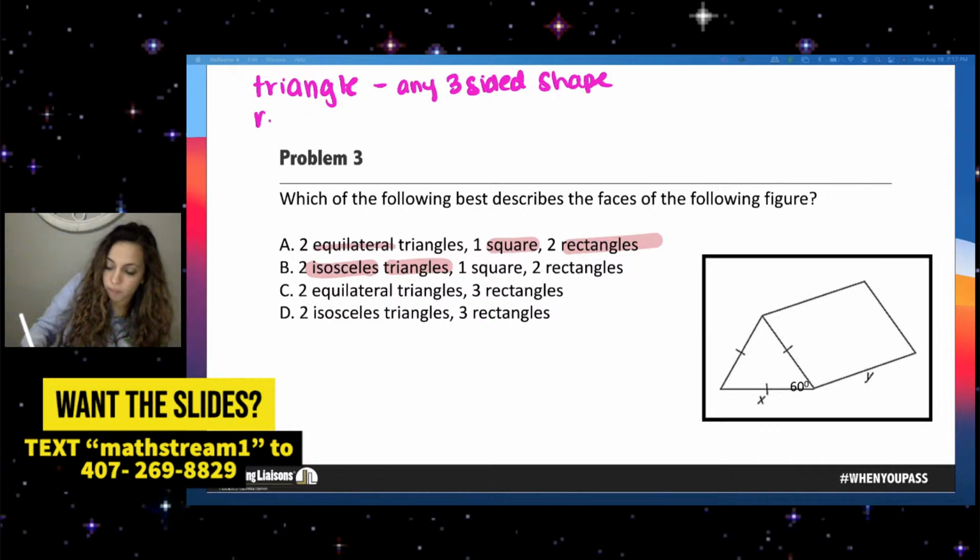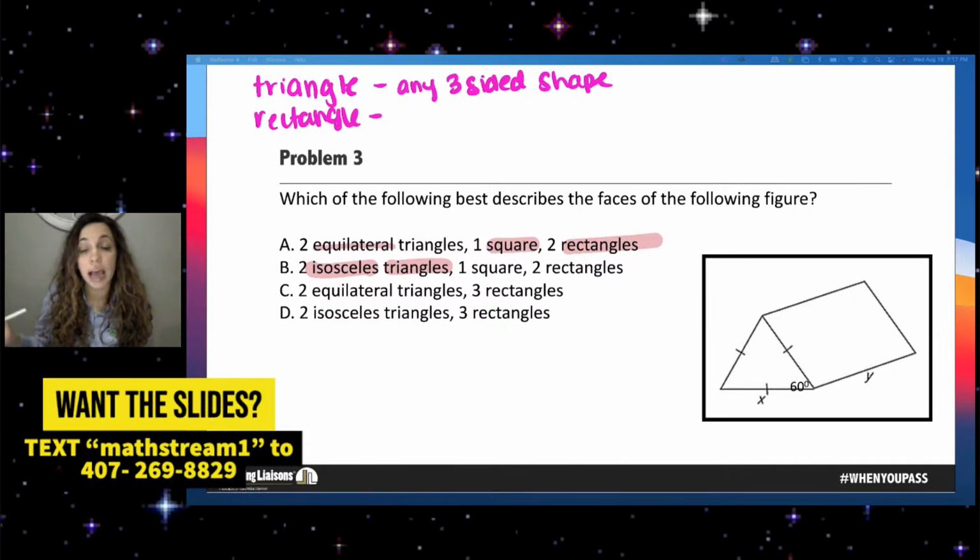A rectangle is a four-sided quadrilateral, which is an oxymoron because four-sided and quadrilateral are the same, but it's a quadrilateral or a four-sided shape that has 2 sets of parallel lines and 90-degree angles in the corners.